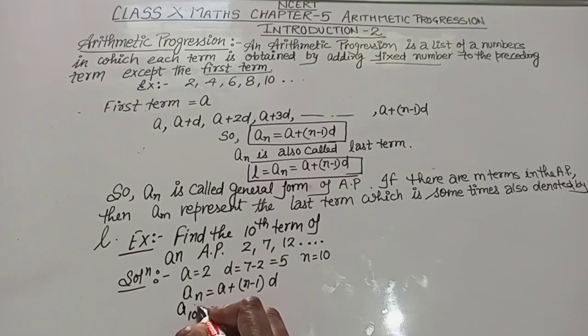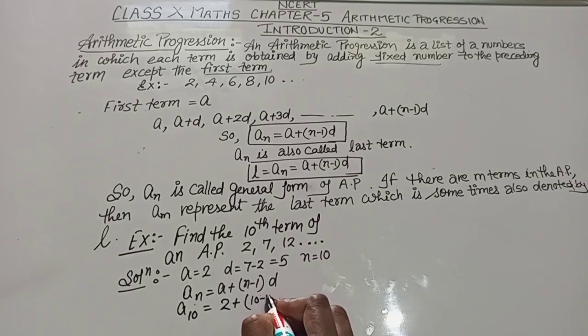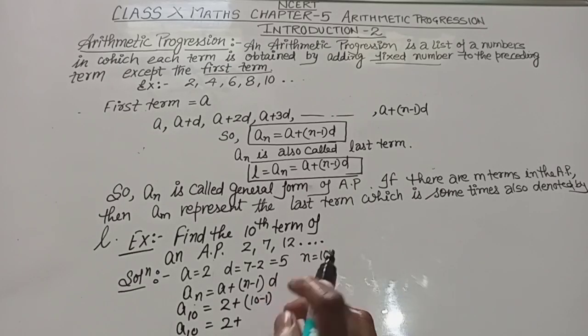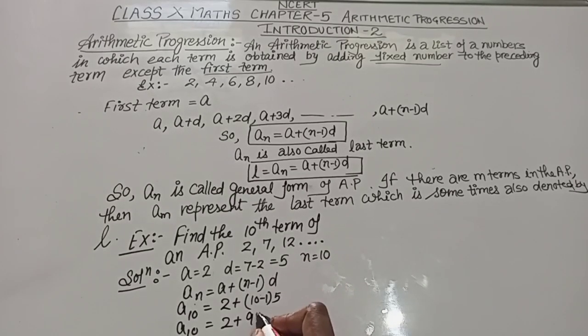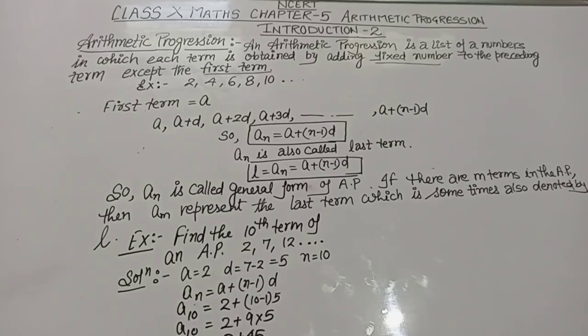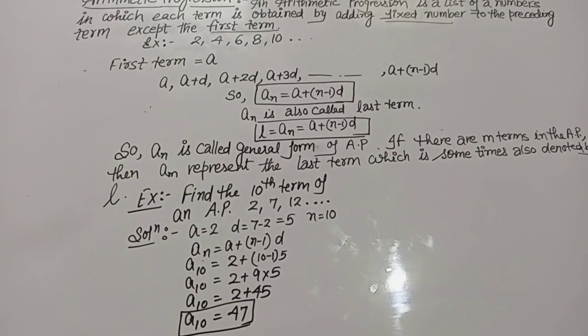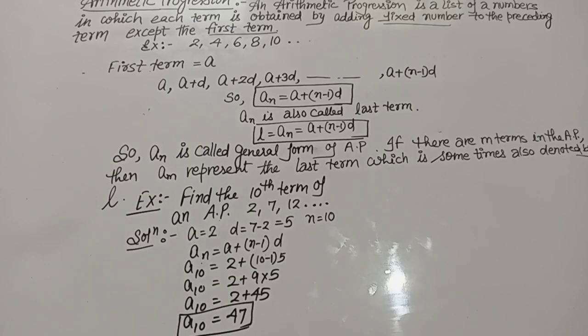So a10 is equal to 2 plus (10 minus 1) into 5. So 9 into 5 is 45, a10 is equal to 2 plus 45. So a10 is equal to 47. Okay, so this is our answer.